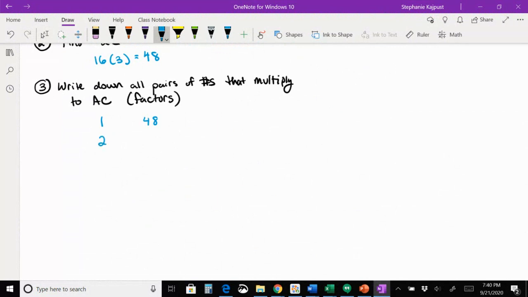So I do 2. 2 times what gets me 48? That's 24. We know 3 times 16 gets you to 48. Then I look at 4, and that's 4 times 12. If you're not sure, all you have to do is 48 divided by 4, and that gets you the matching number. If you're looking for 5, 48 divided by 5 gives you a decimal, so we're not going to write that because we want only whole numbers here.